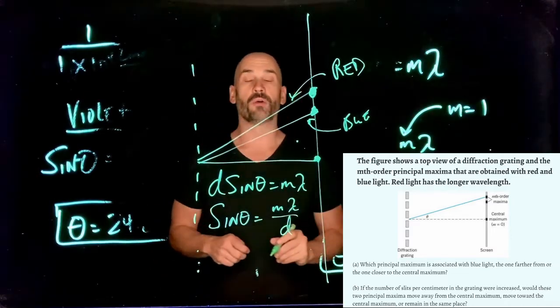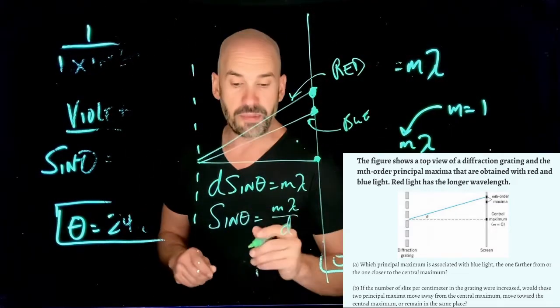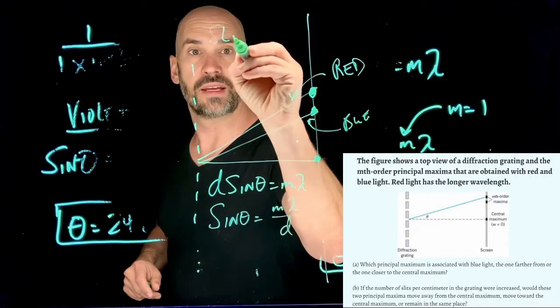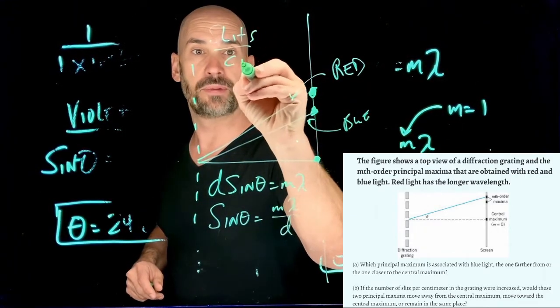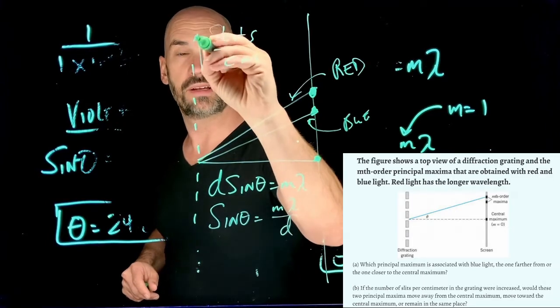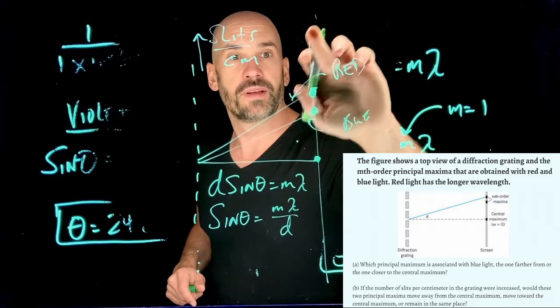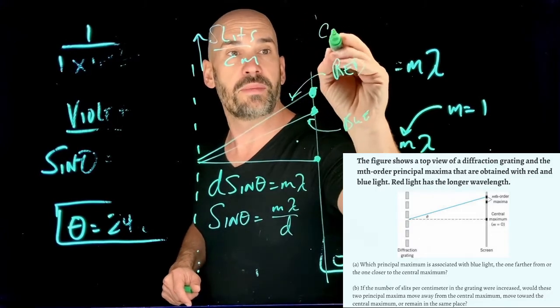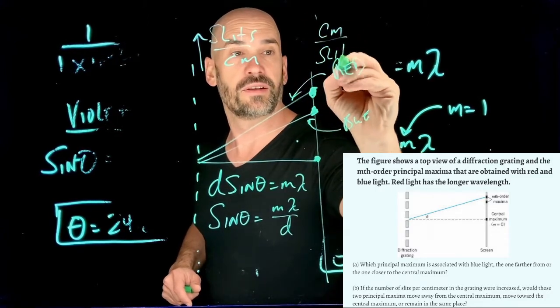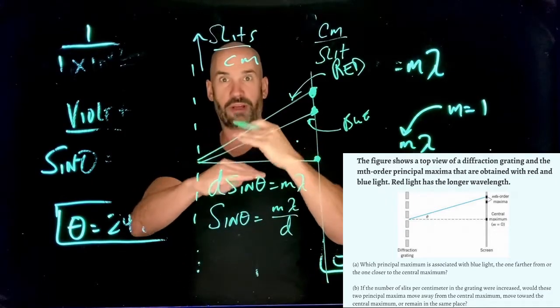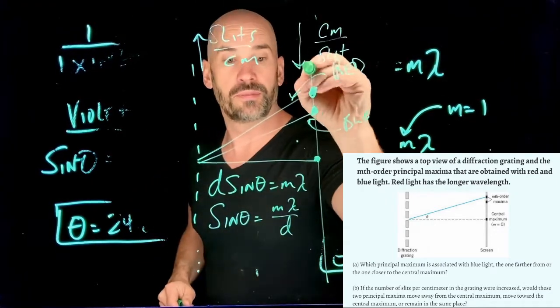If the slits per centimeter go up, that means the distance between slits, the number of centimeters per slit, is going to go down.